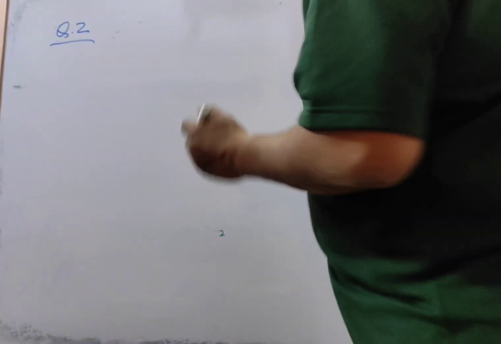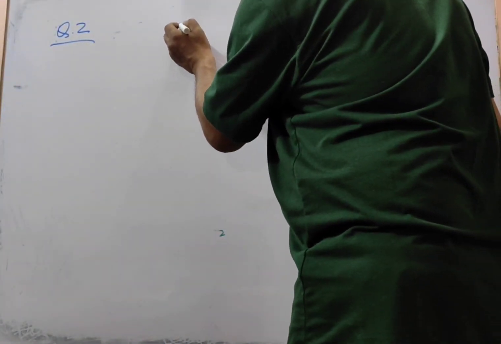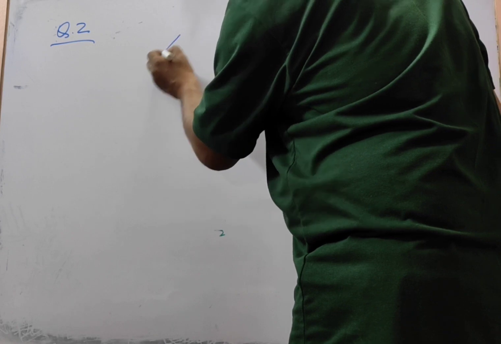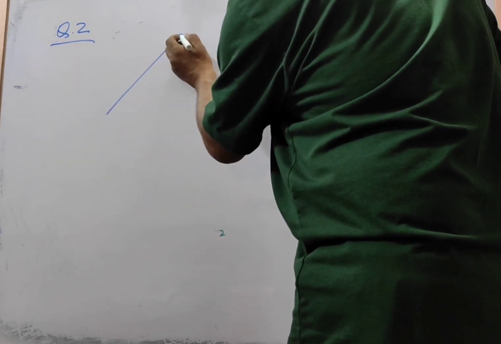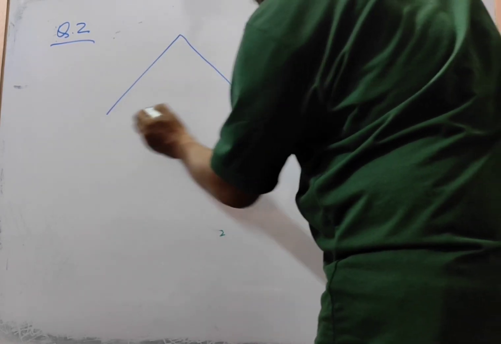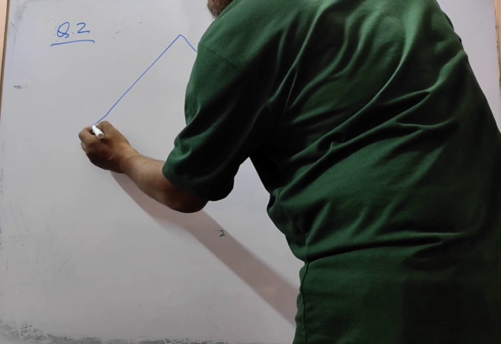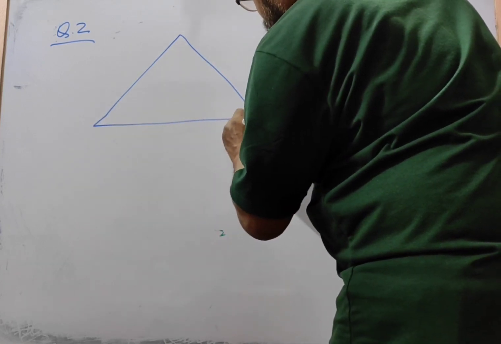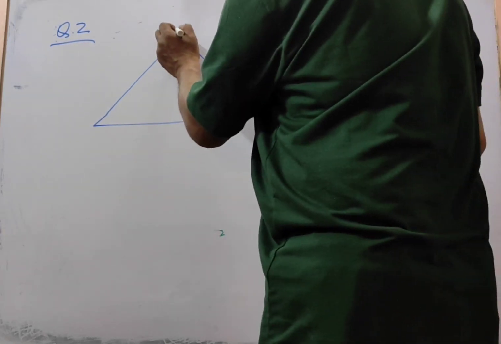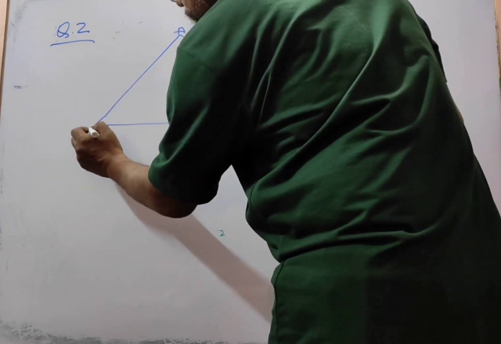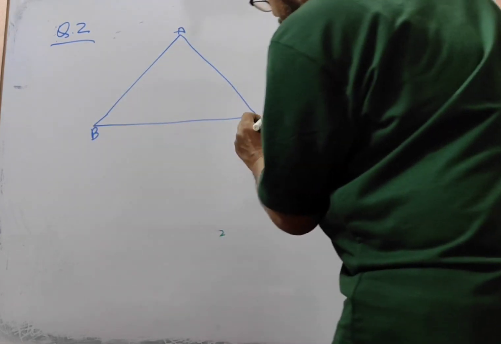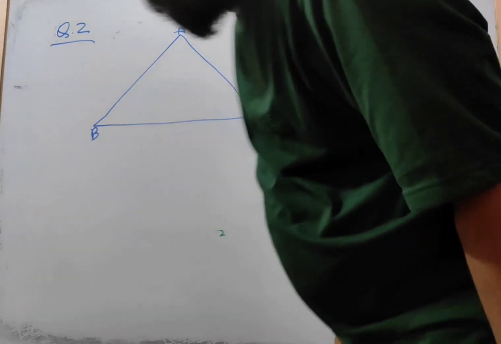There is triangle ABC. This is triangle A, B, and C.